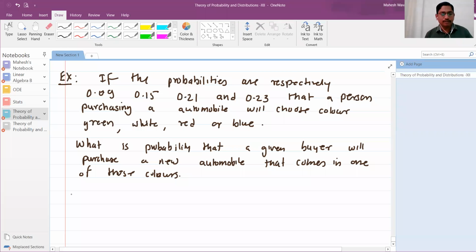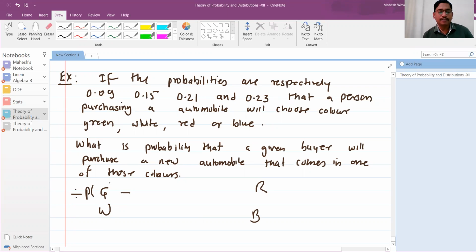So what do we need to calculate? I just mentioned whoever the buyer is, he selects a green automobile, green color vehicle. G for green, I will denote. Next, whoever the purchaser, the selecting event is white, W, and next is red, and last is blue.